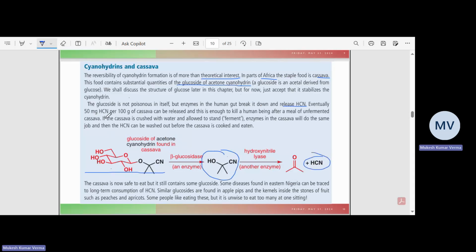About 50 mg of HCN is produced from 100 grams of cassava, which is enough to kill a human being. If the cassava is crushed, washed with water and allowed to stand, the enzyme in the cassava will do the same job, and the HCN can be washed out before the cassava is cooked and eaten. Therefore, cassava is washed before cooking.